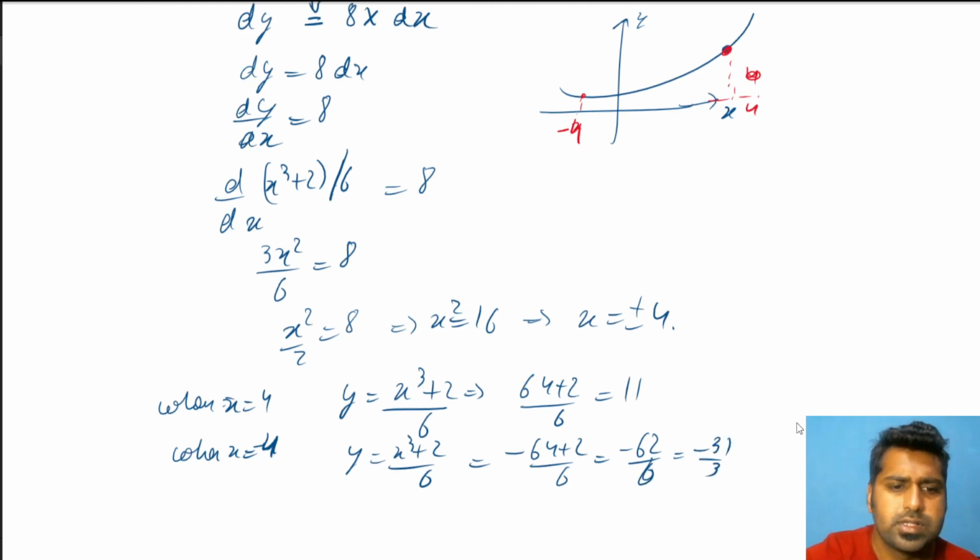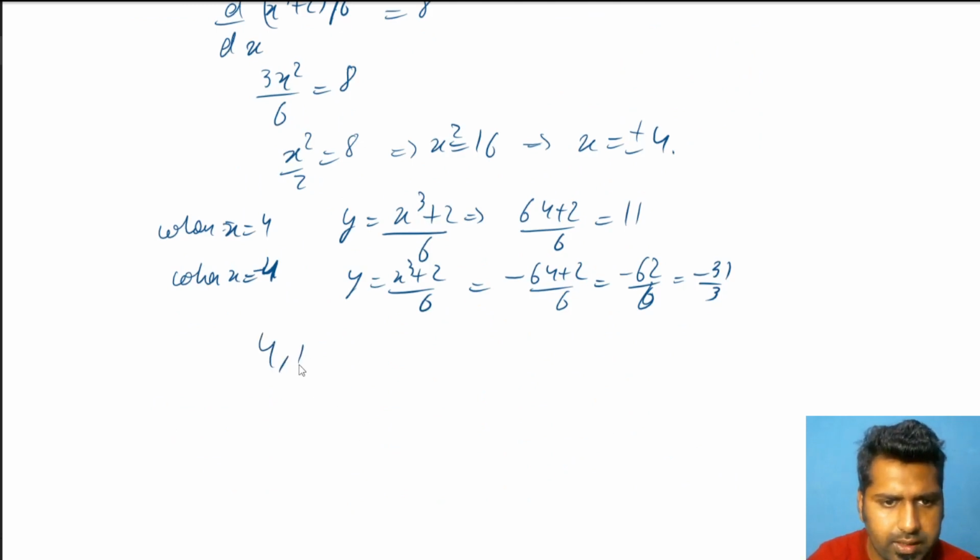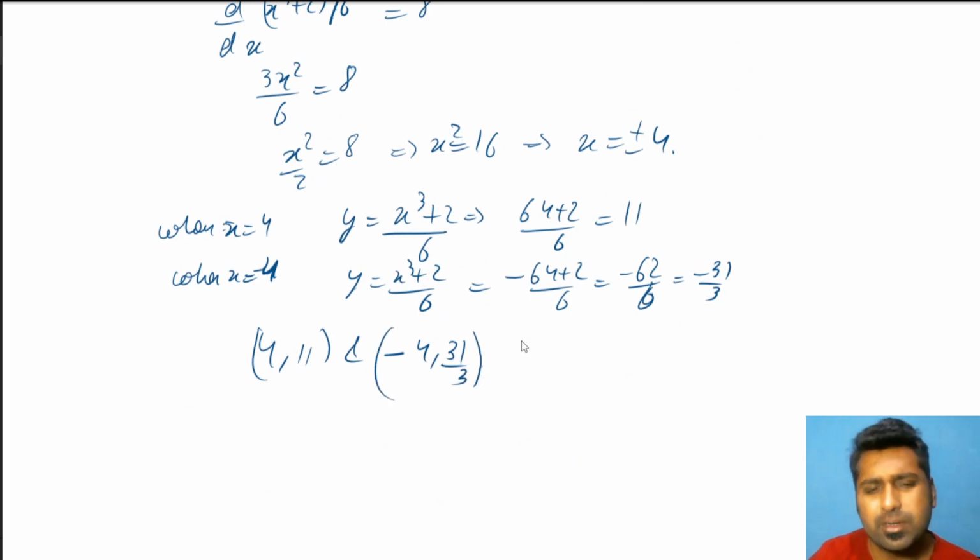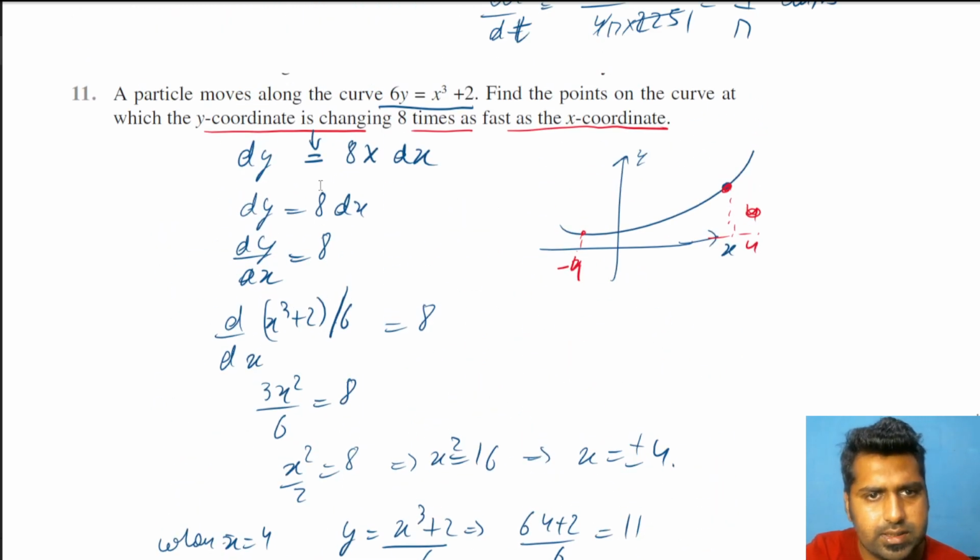Okay, so the coordinates are (4, 11) and (minus 4, minus 31 by 3). Both are the coordinates at which the given condition is correct.